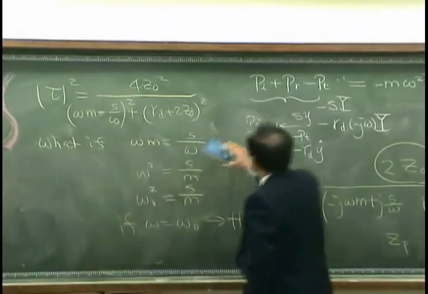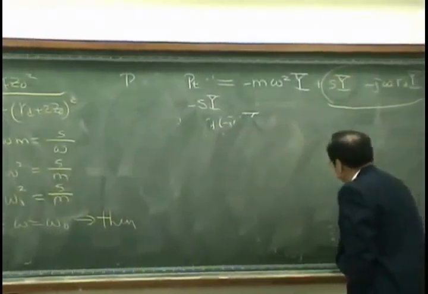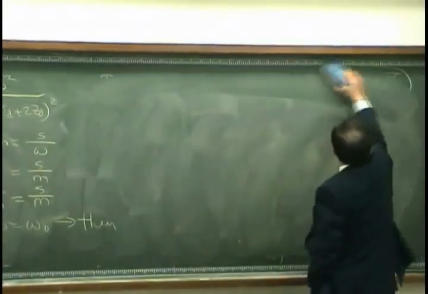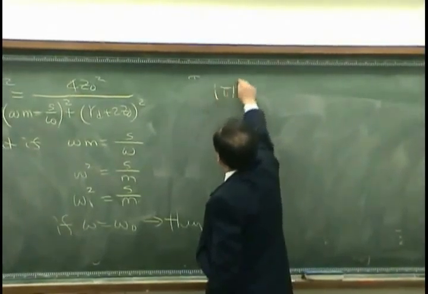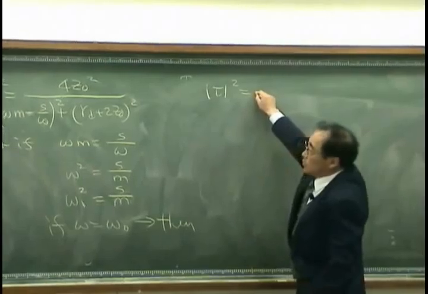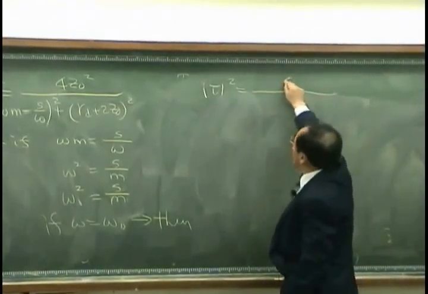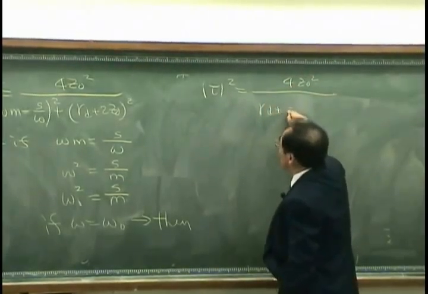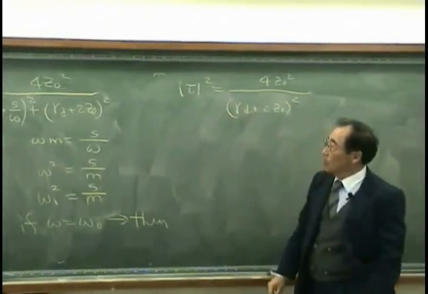the transmission coefficient magnitude square, that is equal to what? 4z0 square over RD plus 2z0 square.